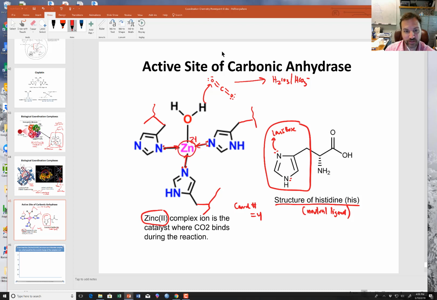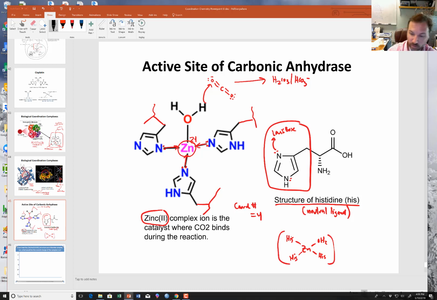And so, of course, if we treated this entire species as a coordination complex, this would be a coordination complex that has an overall charge. So if we have a zinc 2 plus, we have our 3 histidines, and then of course our water.